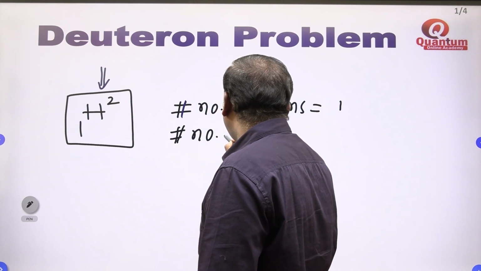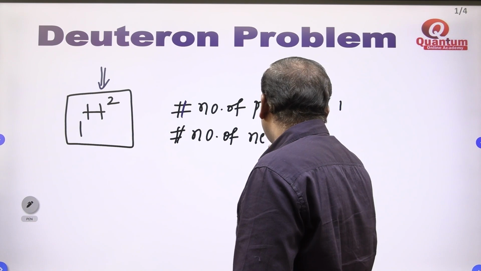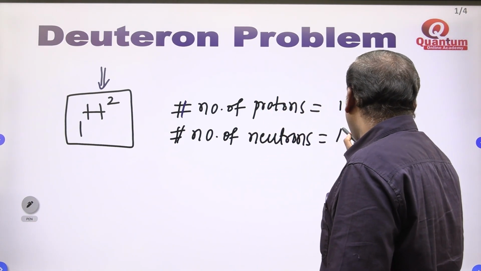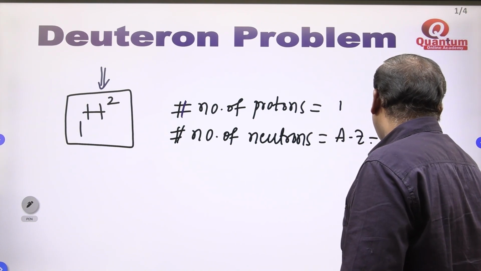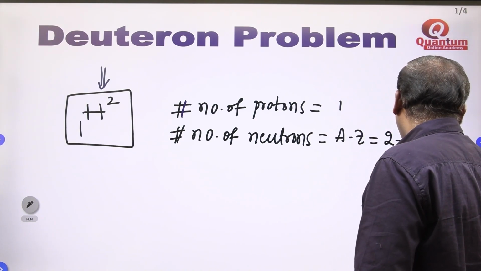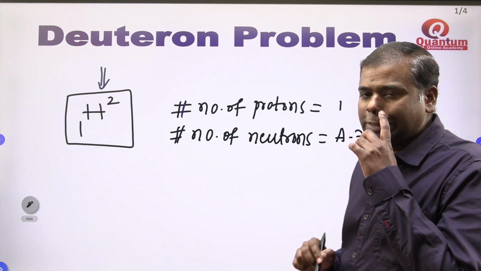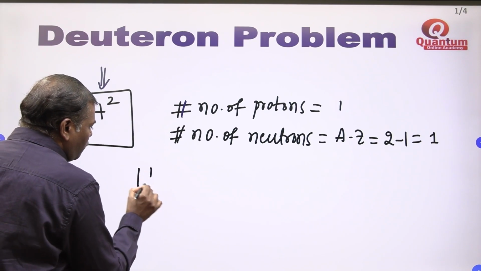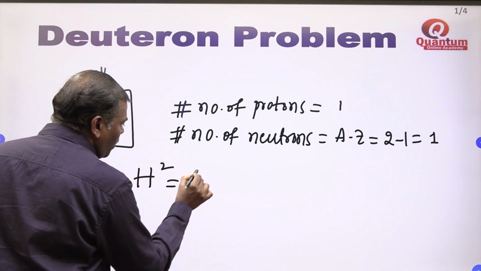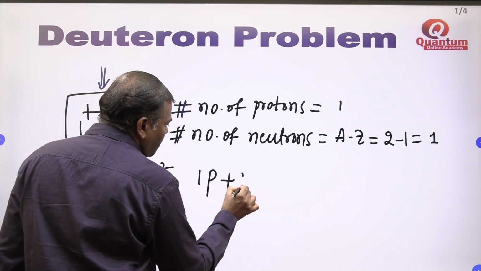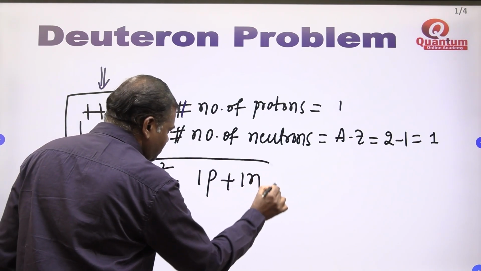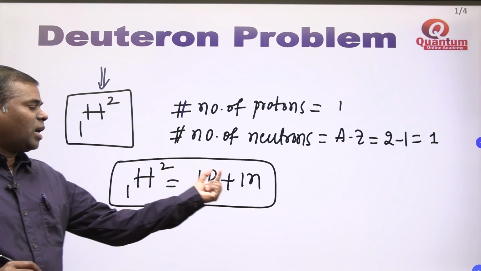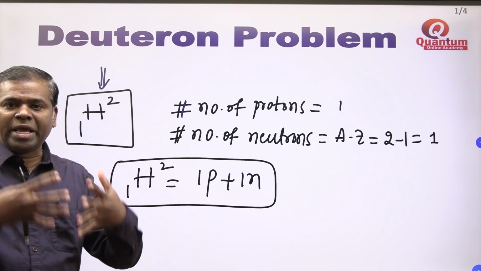The number of neutrons is A minus Z. A is equal to 2, Z is equal to 1, so 1 neutron is there. If you break the Deuteron, 1H2 gives 1 proton plus 1 neutron.